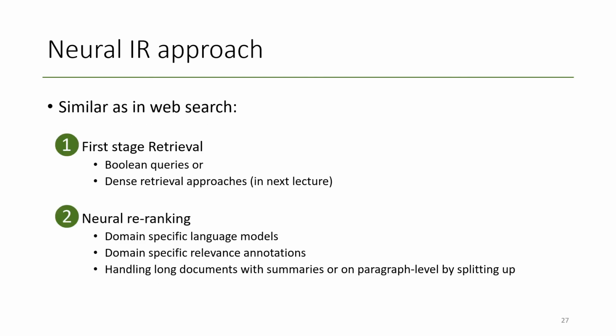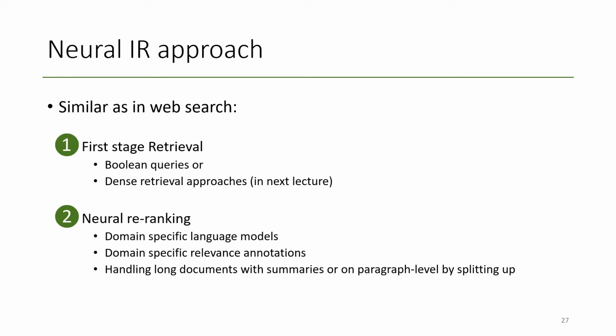So if you want to apply neural information retrieval methods from web search to tasks in the legal domain, there's a similar setup as in web search. Again, there's the first stage retrieval, which is done with Boolean queries or dense retrieval approaches, which I discussed in the last lecture. And there's then the neural re-ranking stage, where you have to consider the domain-specific language of the retrieval task.